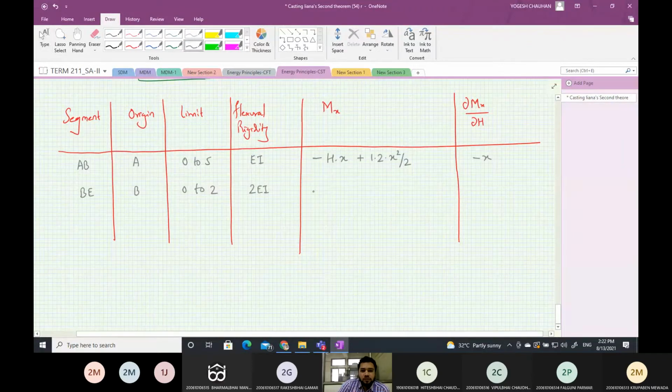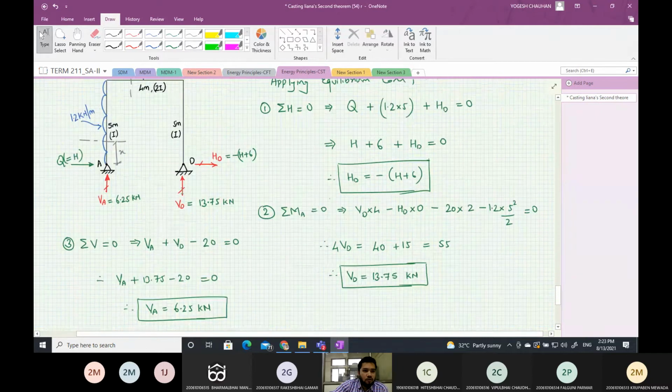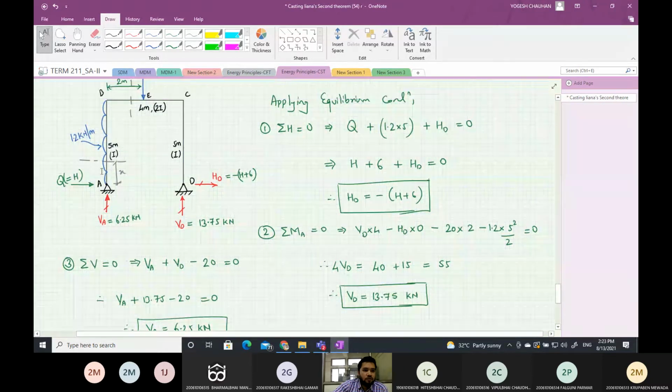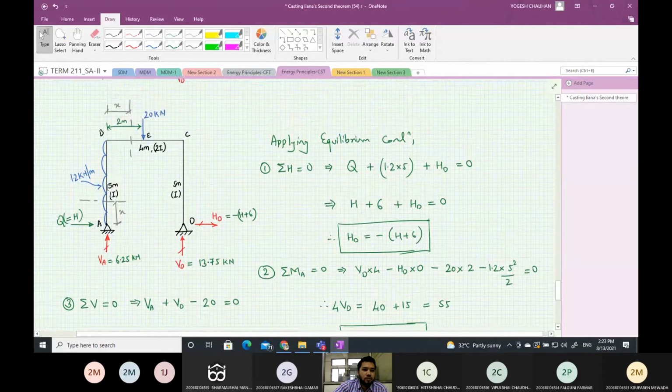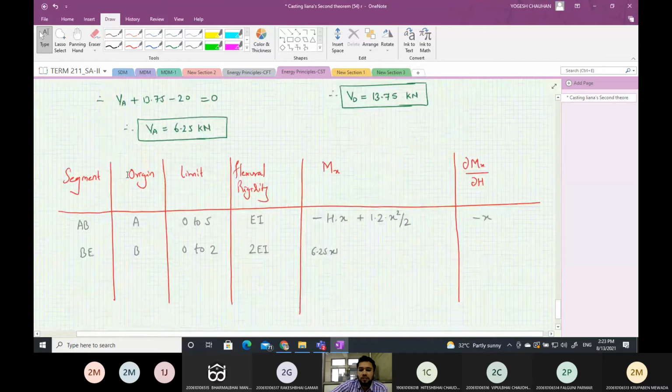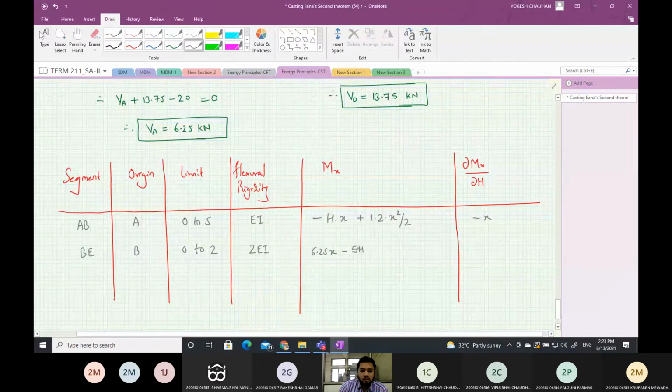So it will be 6.25x. Then this horizontal force H will cause anti-clockwise moment about this segment. So H into pi, minus pi H.